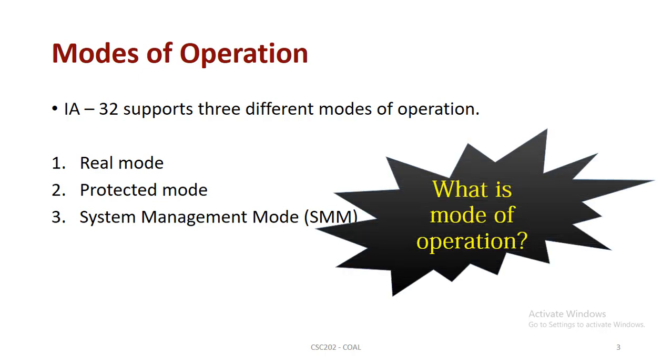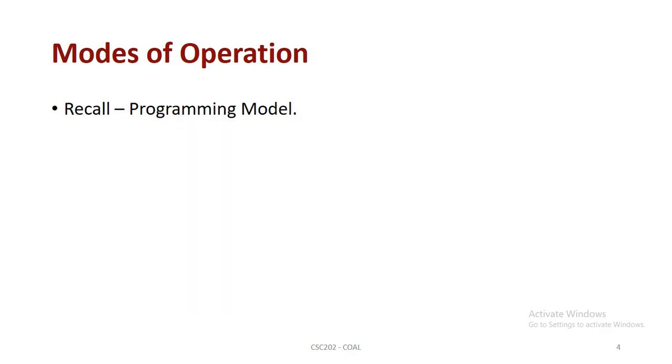So first of all, we should talk about what is a mode of operation. If you recall the earlier lecture which we conducted last week, we talked about the programming model of a microprocessor.